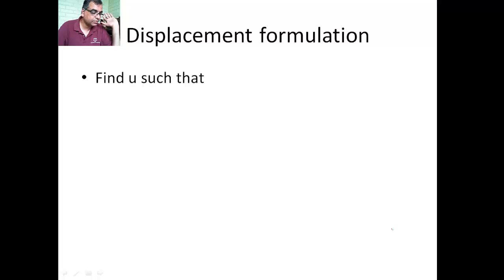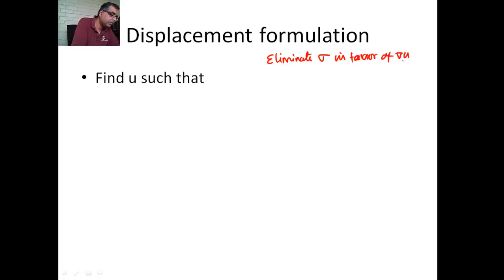So let us look at the displacement formulation. Instead of solving for 9 first order differential equations, we are going to eliminate the stress, because we can write it in terms of the displacements. So let me write it down: eliminate sigma in favor of gradient of u. You know what I mean?